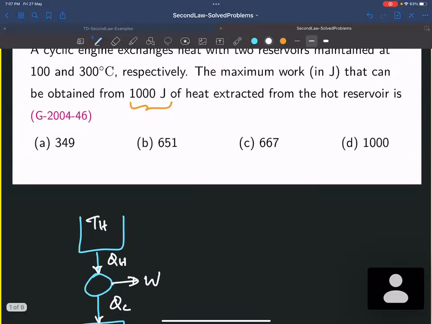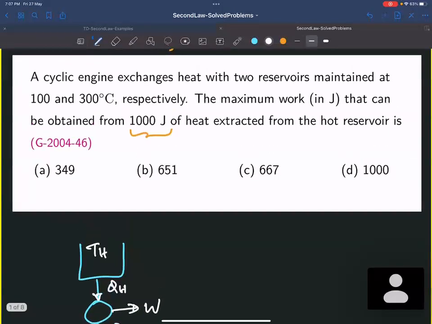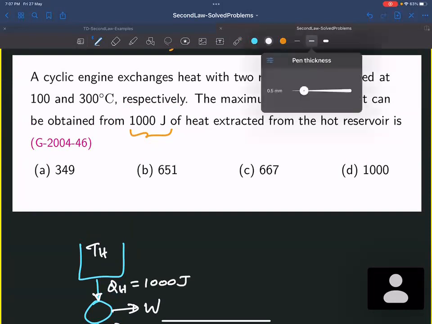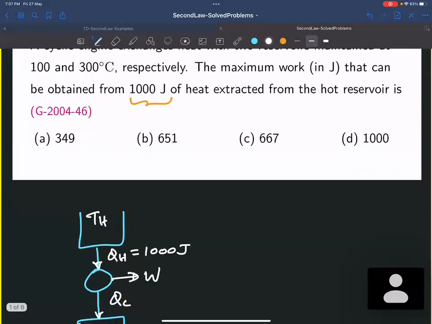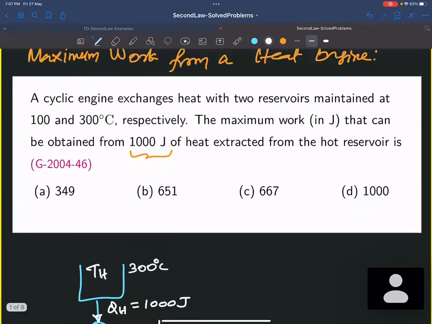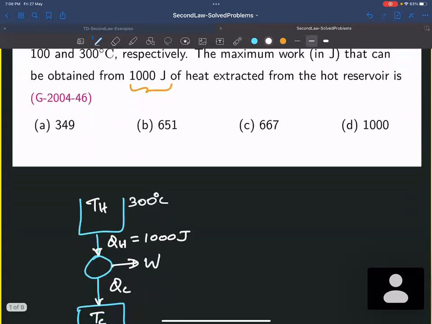So what are all given? TH, TC, and QH are given. So this 1000 joule is extracted from the hot reservoir. Otherwise, QH is given as 1000 joule, and TH is given as 300 degrees Celsius, and TC at 100 degrees Celsius.